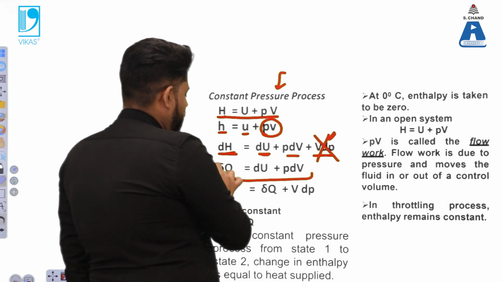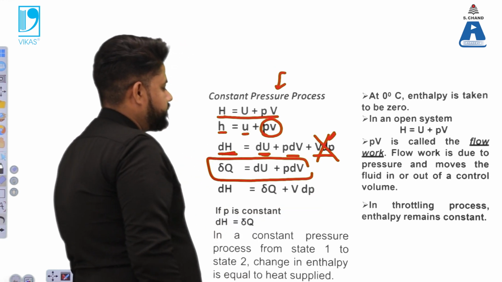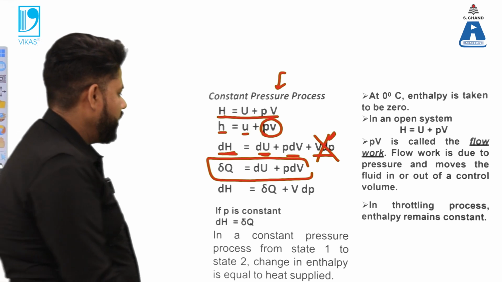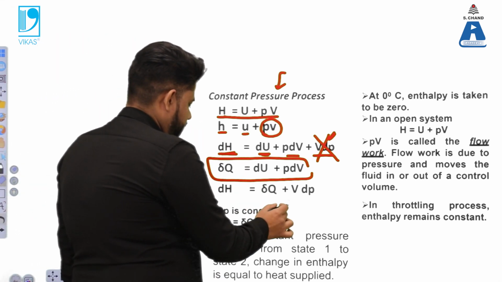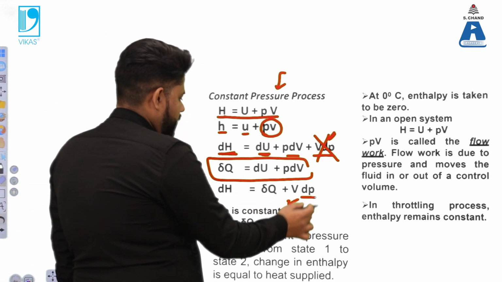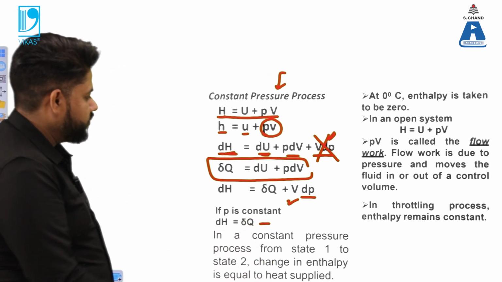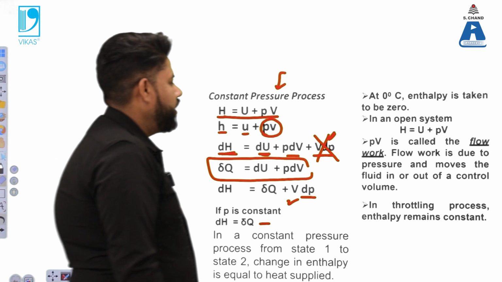So this can be the expression that can be used. And when you can see that this P is constant, so this can also be removed, so dH will be equal to dQ. So this is one of the cases.